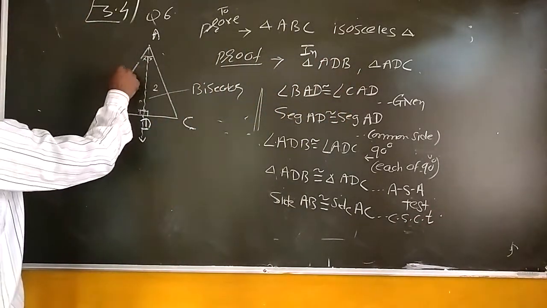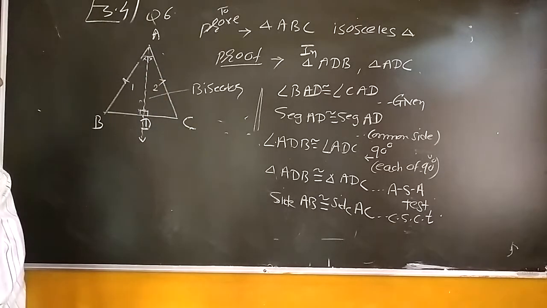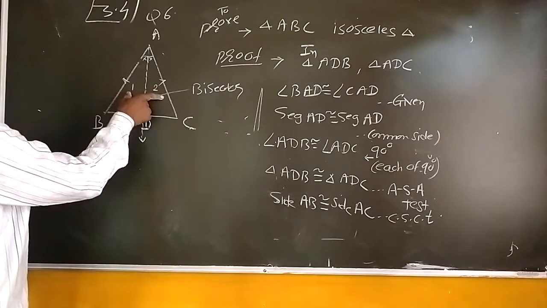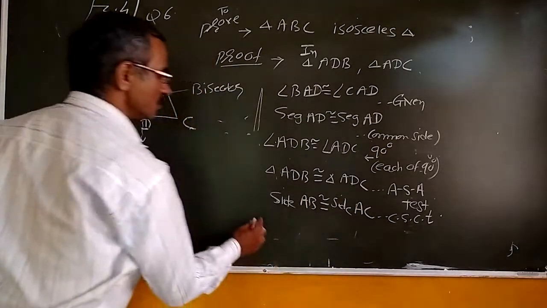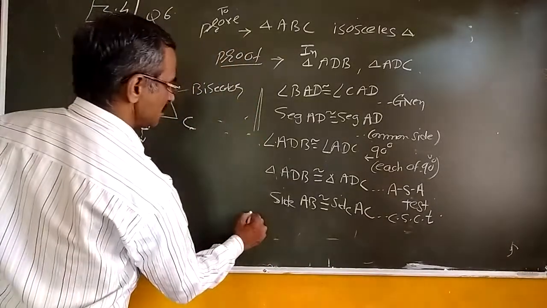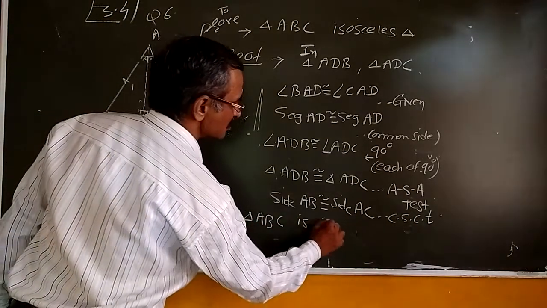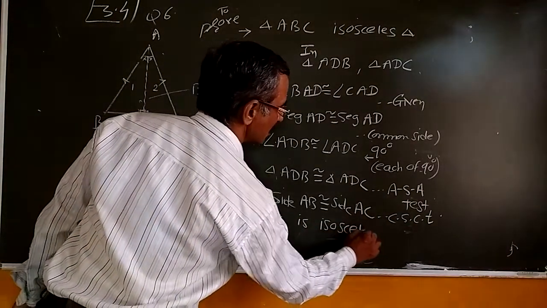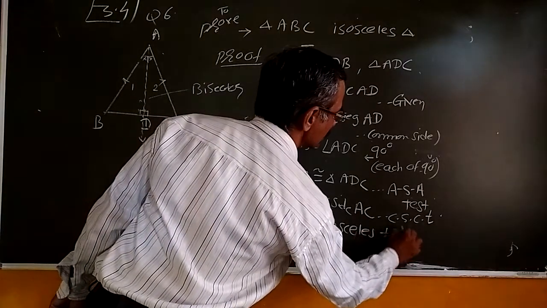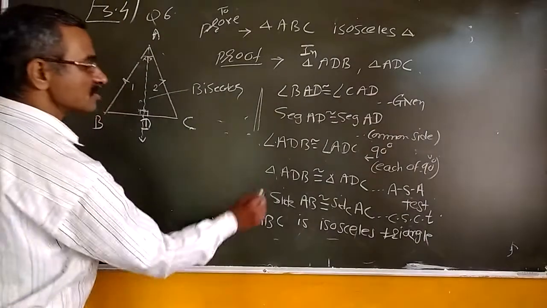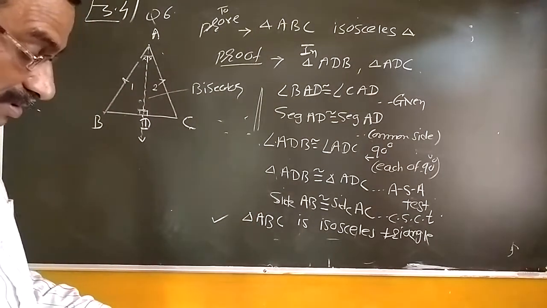These two sides are equal in length in triangle ABC. If two sides are of equal length, then triangle ABC is an isosceles triangle. So we proved here triangle ABC is an isosceles triangle.